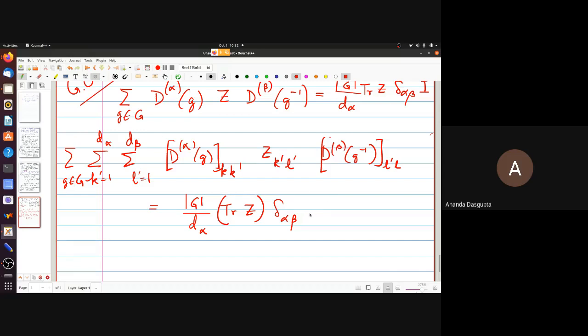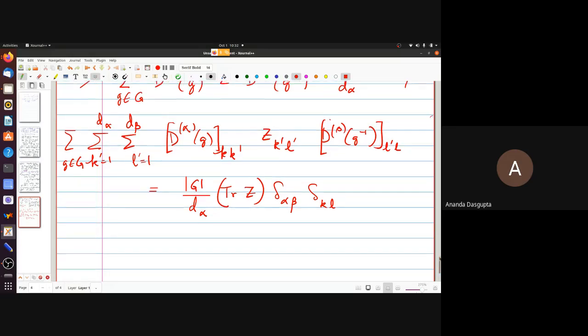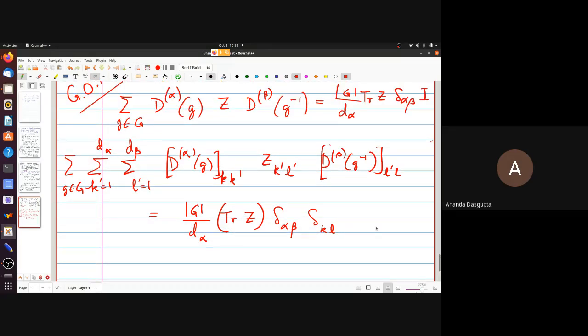It has to be a number on this side. So what number do I put in here? Yes? Delta KL, because it's nothing but the KLth element of the left hand side, so it's the KLth element of the right hand side as well. So the identity's KLth element is just delta KL.